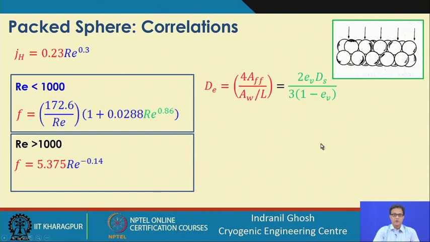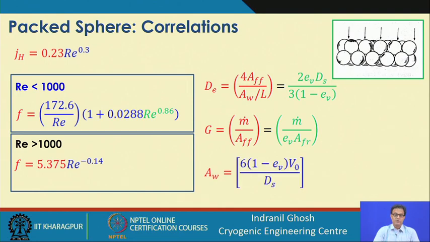For evaluating the Reynolds number, one of the parameters is the equivalent diameter based on the packed spheres. Then we have to find out the mass velocity, and that will be based on the free flow area or the frontal area and the porosity.